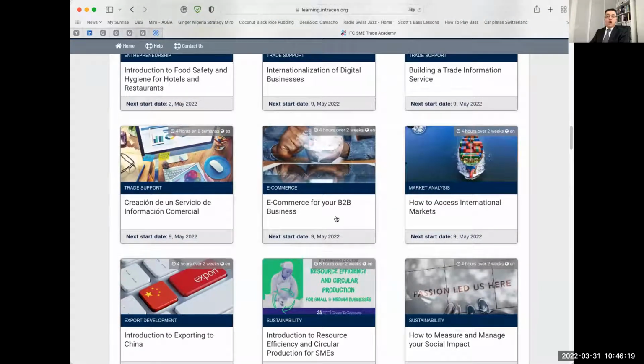Stuff around e-commerce for B2B. Most of your companies will be wondering, and I know for a fact that companies in Myanmar are wondering, how do we go into e-commerce? Everybody wants to get into e-commerce because of the situation and the borders being closed, which make it very difficult to do traditional sales. So how do you get into e-commerce? Well, there's a course for that. Again, it's an introductory course.